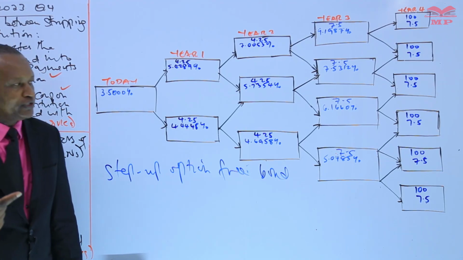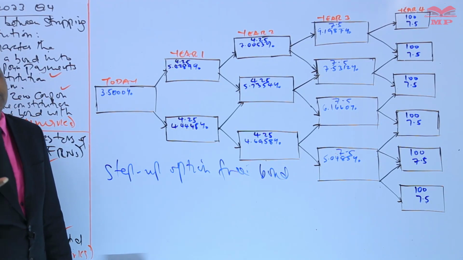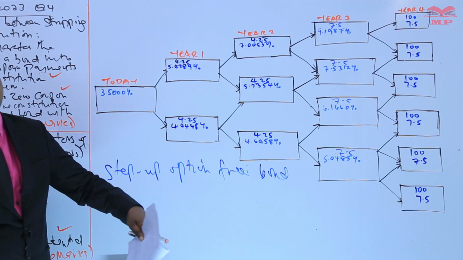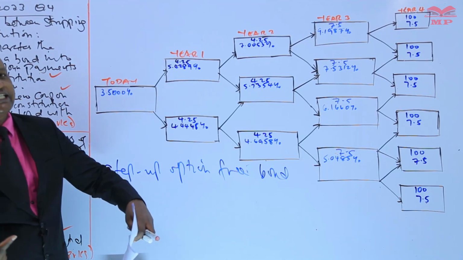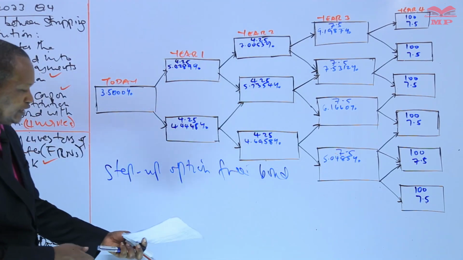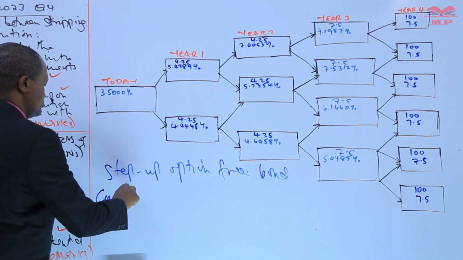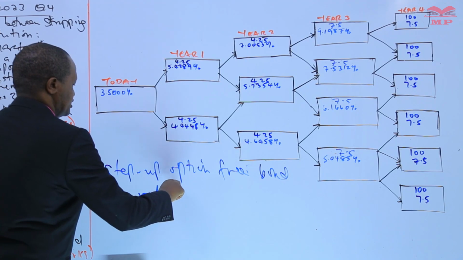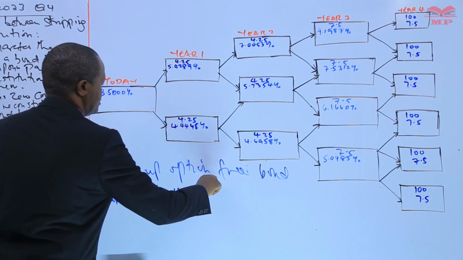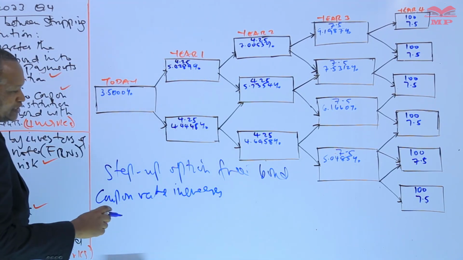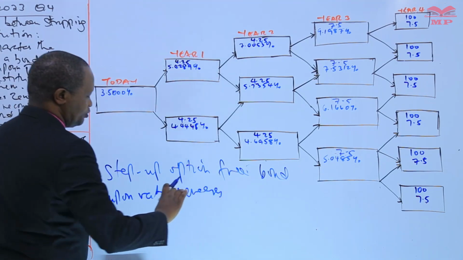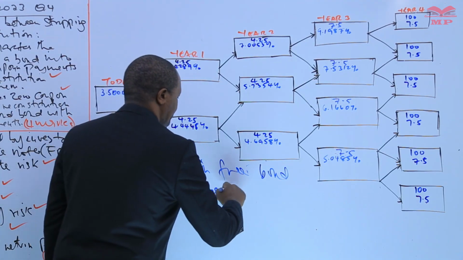a type of a bond that includes a feature where the coupon rate increases. This increasing nature of the coupon rate is what we are calling step up.